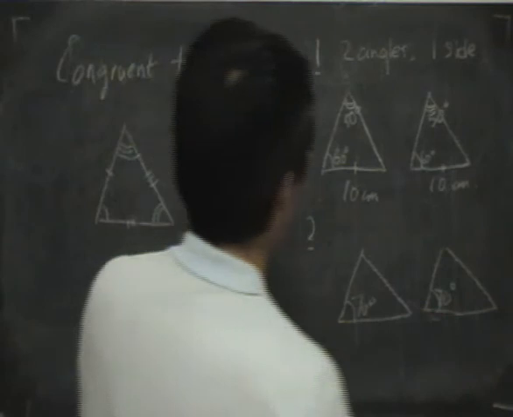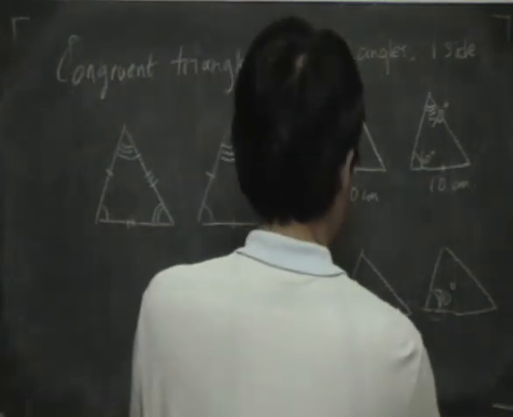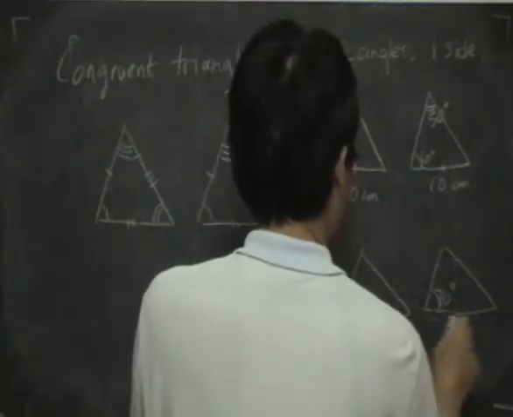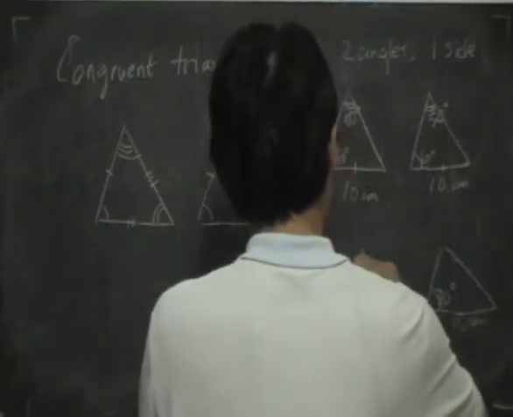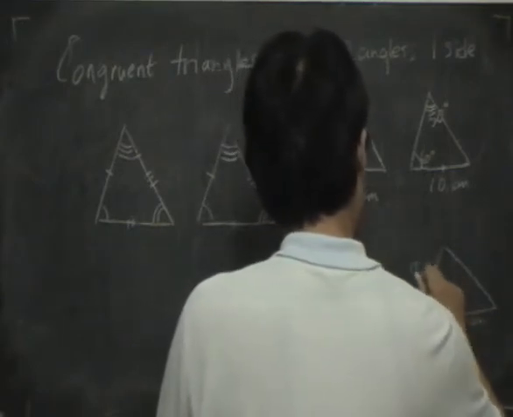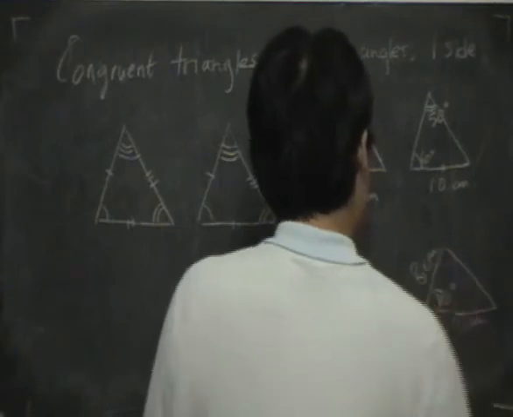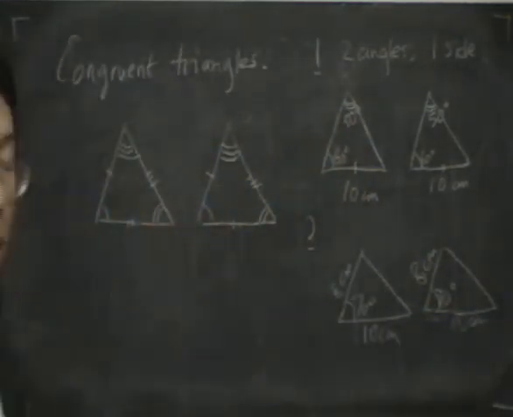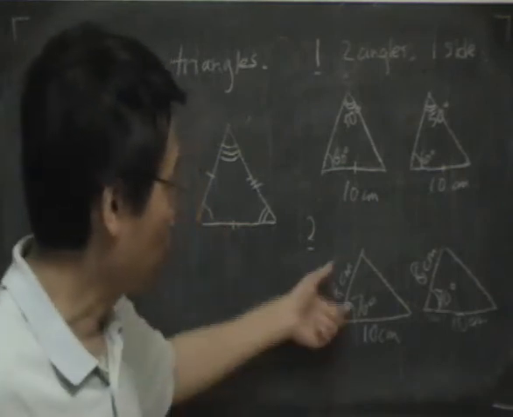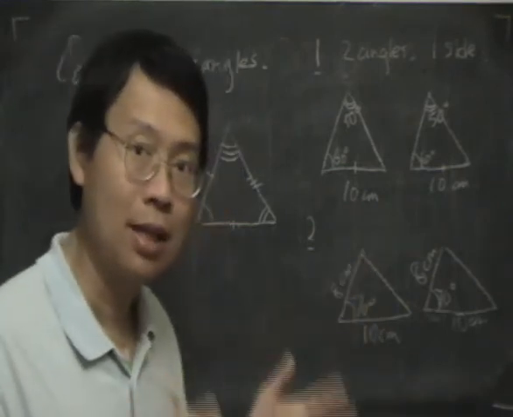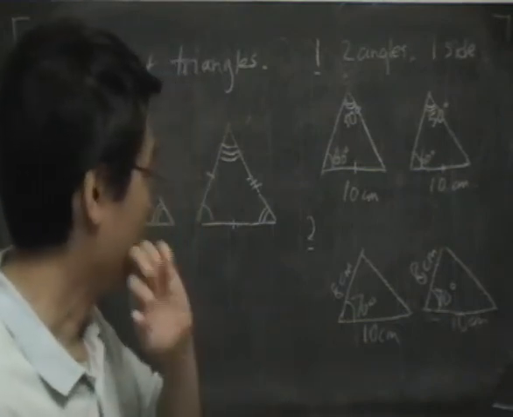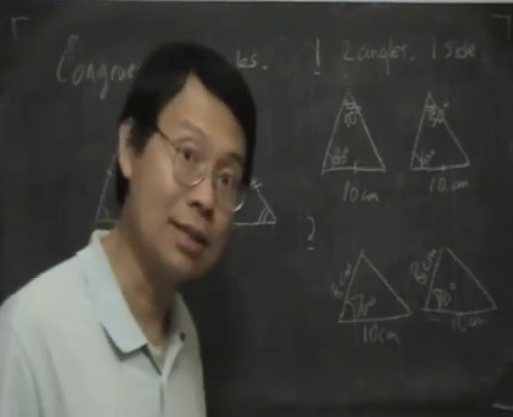And suppose we know two sides. Say this is 10 cm, that's 10 cm, and that's 8 cm. Suppose this is all we have. Alright, we know two sides and one angle. Can we say that it is congruent? Well, in this case, yes.